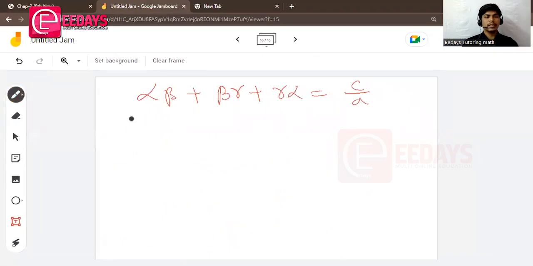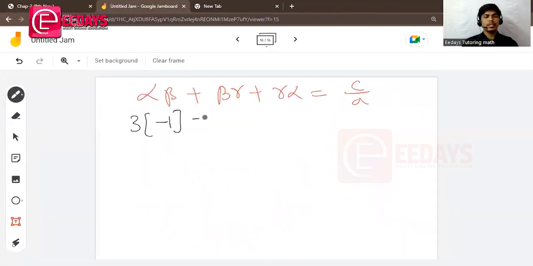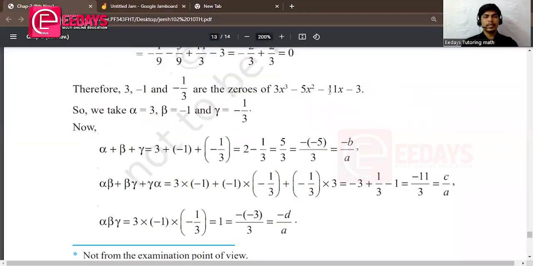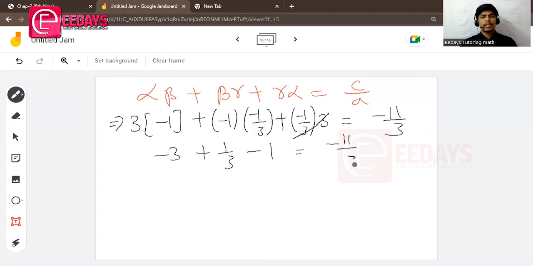Let's substitute: 3 into beta minus 1, plus beta minus 1 into gamma minus 1 by 3, plus gamma minus 1 by 3 into alpha 3. c by a is minus 11 by 3. Okay, let's simplify. 3 into minus 1, you'll get minus 3, and minus into minus plus 1 by 3. Here 3 3 get cancelled, you'll get minus 1, is equal to minus 11 by 3.